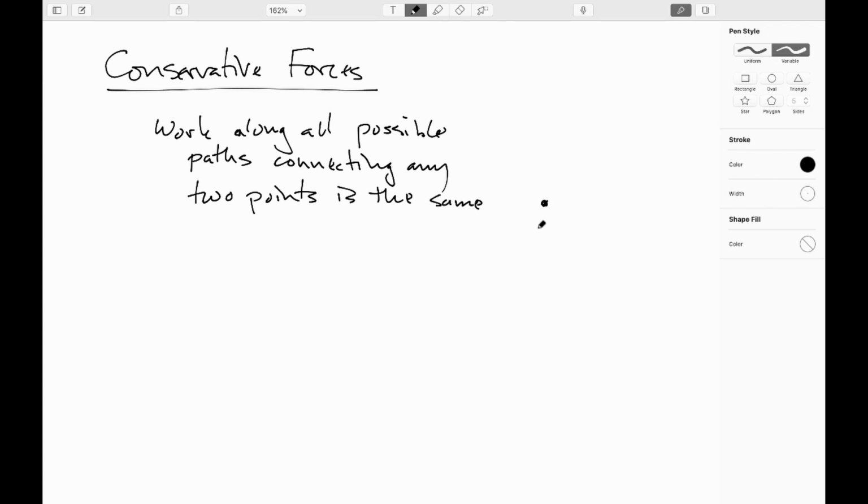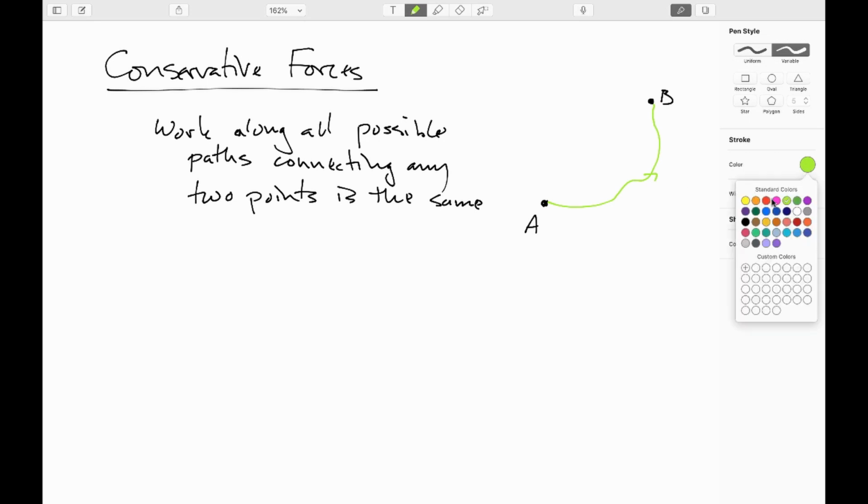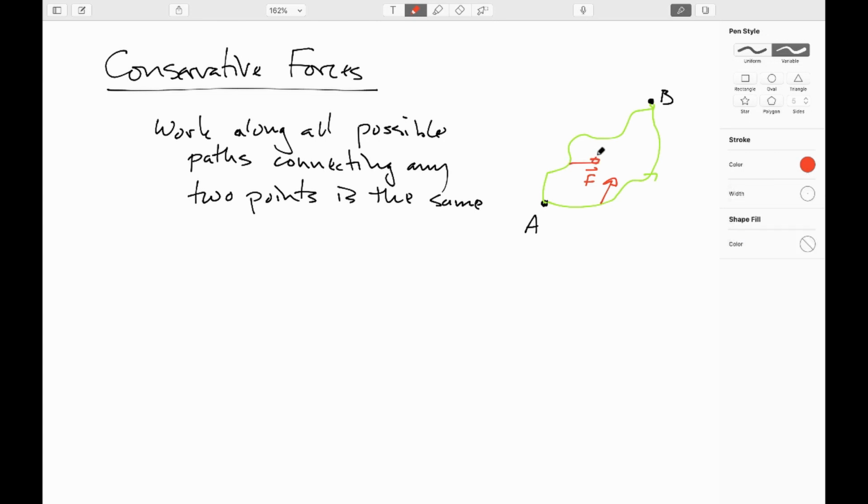So we'll just say this is point A here. This is point B here. What we're saying is if the object actually displaces along this path, and it's feeling some force like so, the work done along this path is the same as, say, maybe along this path here, where maybe the forces are acting out like so.